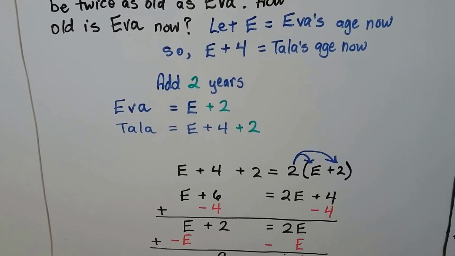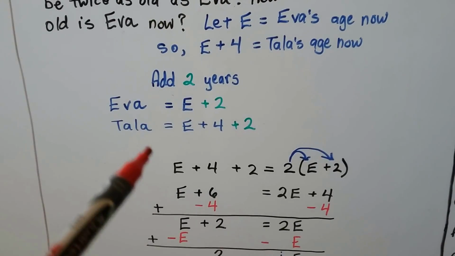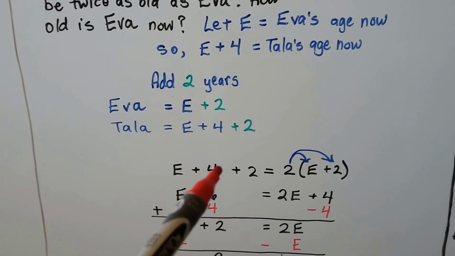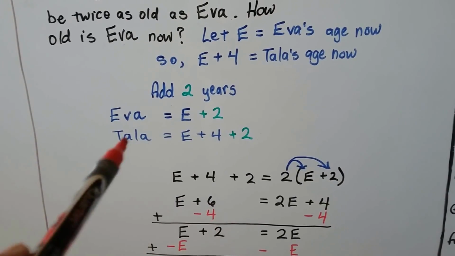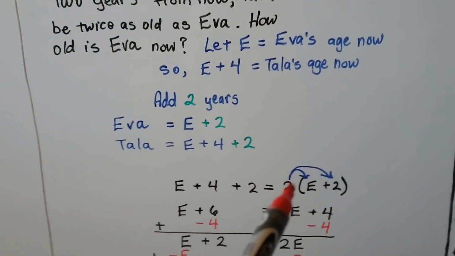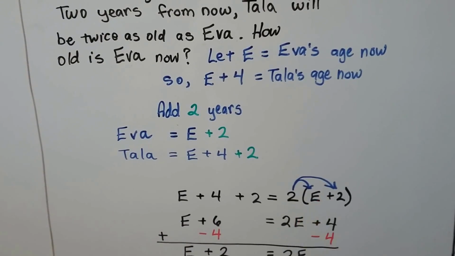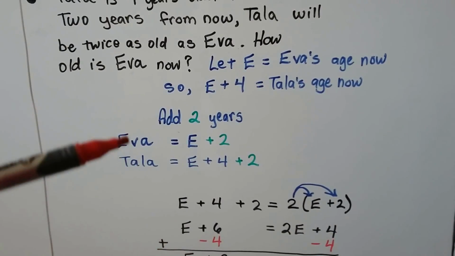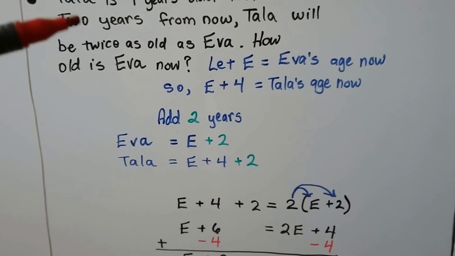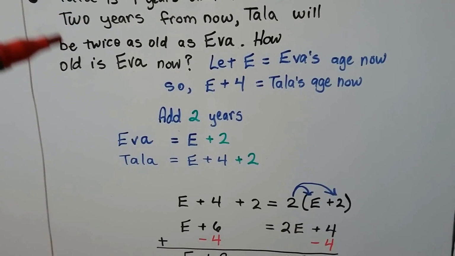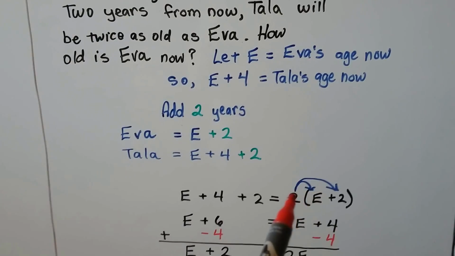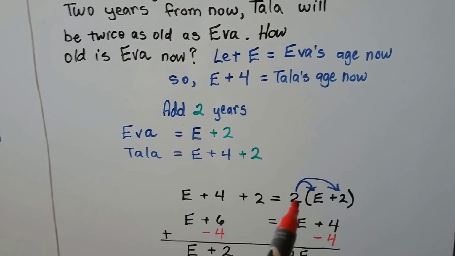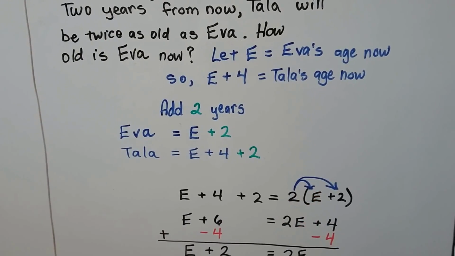Now, our equation says E plus 4 plus 2, that's Tala's age, is equal to 2 times E plus 2. Because we're talking about 2 years from now that Tala will be twice as old. So if Eva is E plus 2, if she's twice as old, it'll be 2 times E plus 2, wouldn't it?